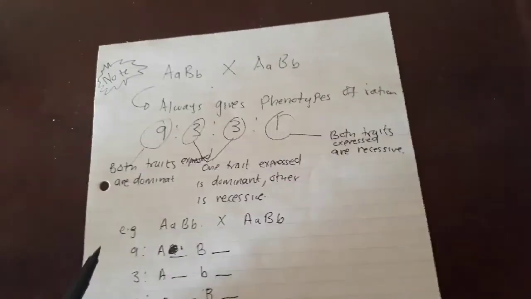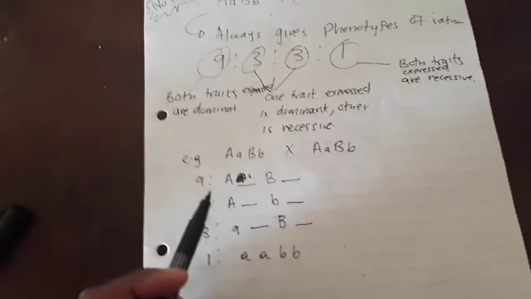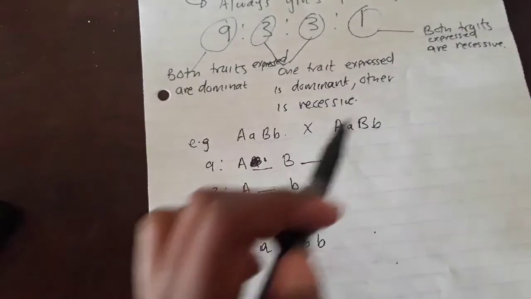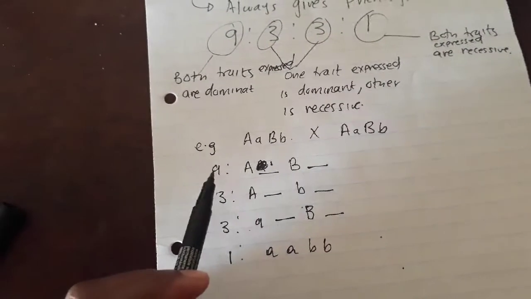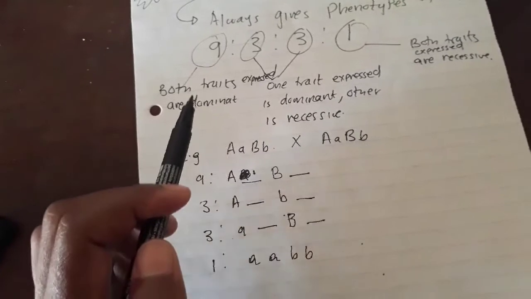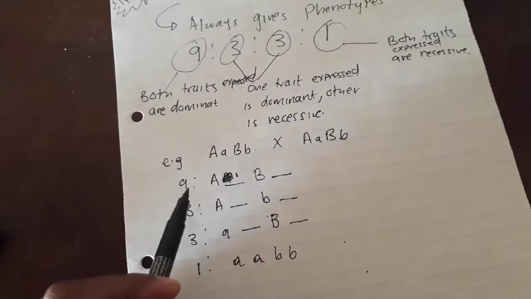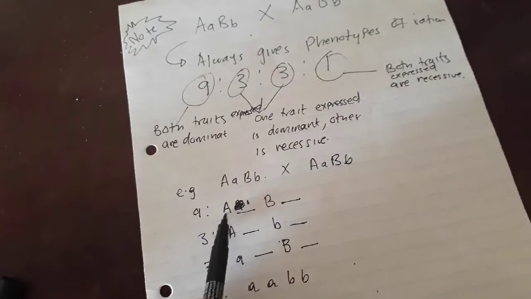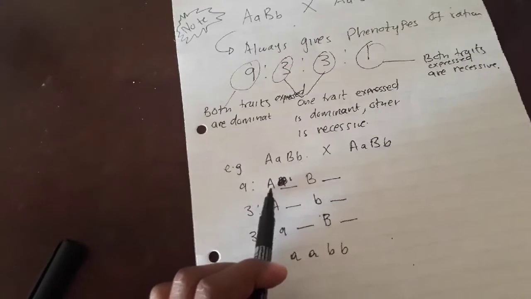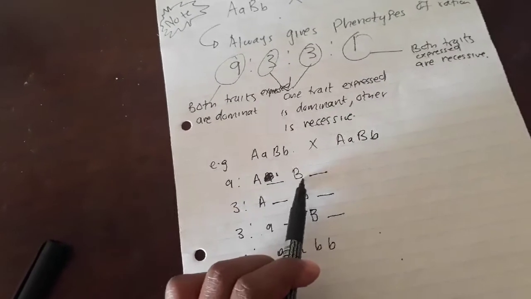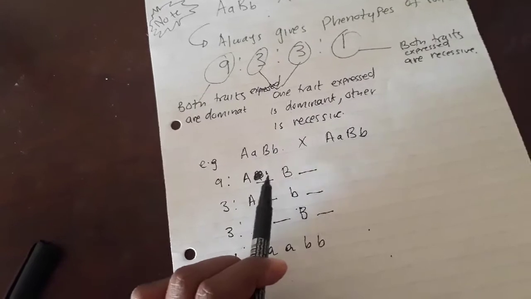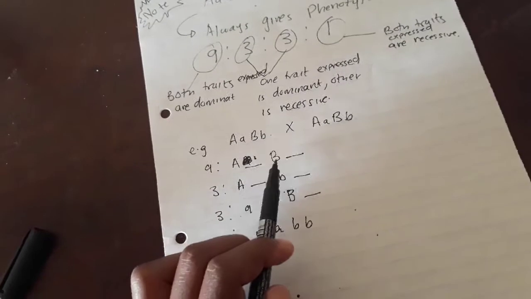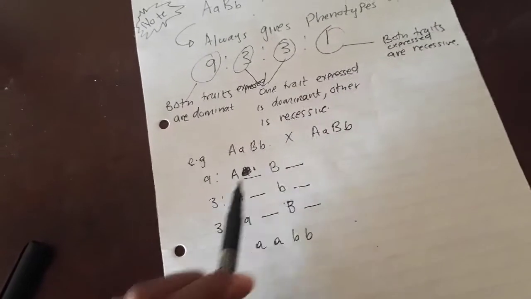Let me make an example. For example, when we cross this heterozygous parent, 9 phenotypes will be when there is dominant allele A, regardless of the second allele. Then when there is dominant allele B, regardless of the second allele, we will have dominant traits being expressed.